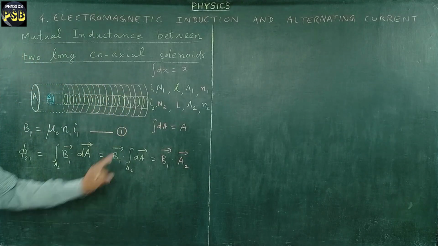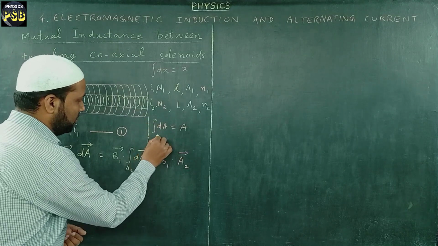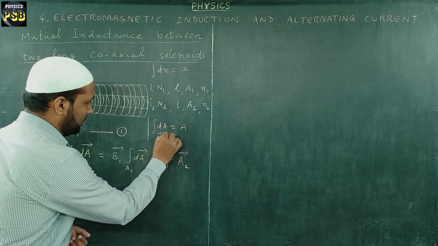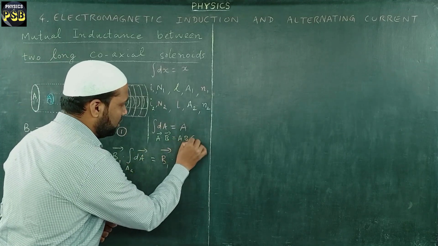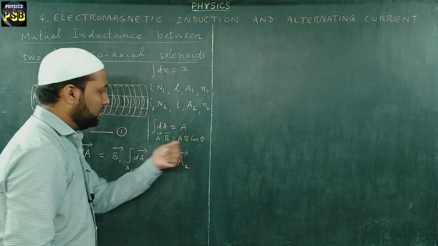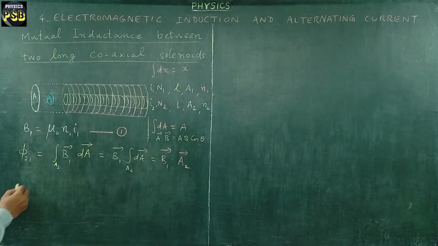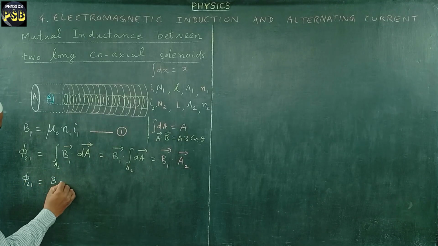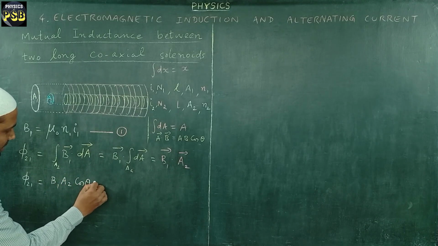We know that when two vectors are in a dot product, suppose A vector dot B vector, they can be written as AB cos theta, where theta is the angle between A and B. In such a way, the above expression can be written as B1 A2 cos theta.